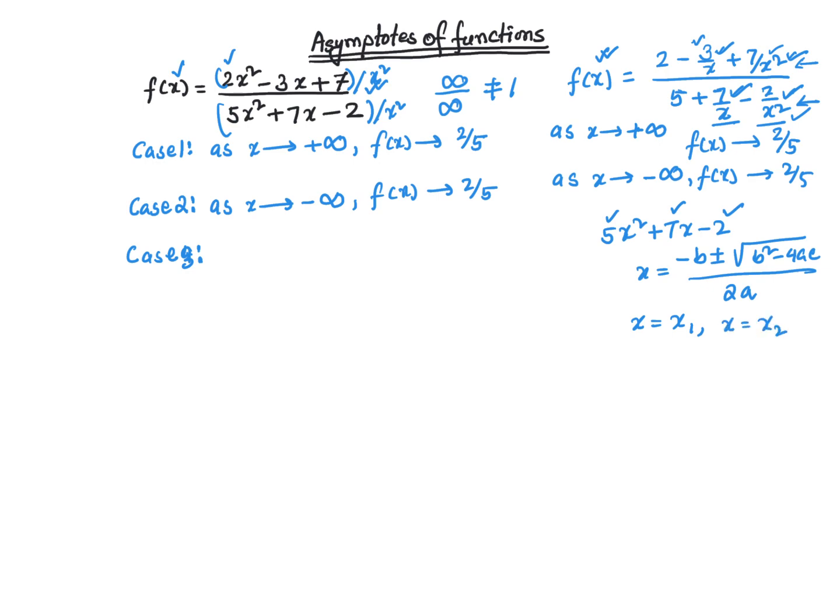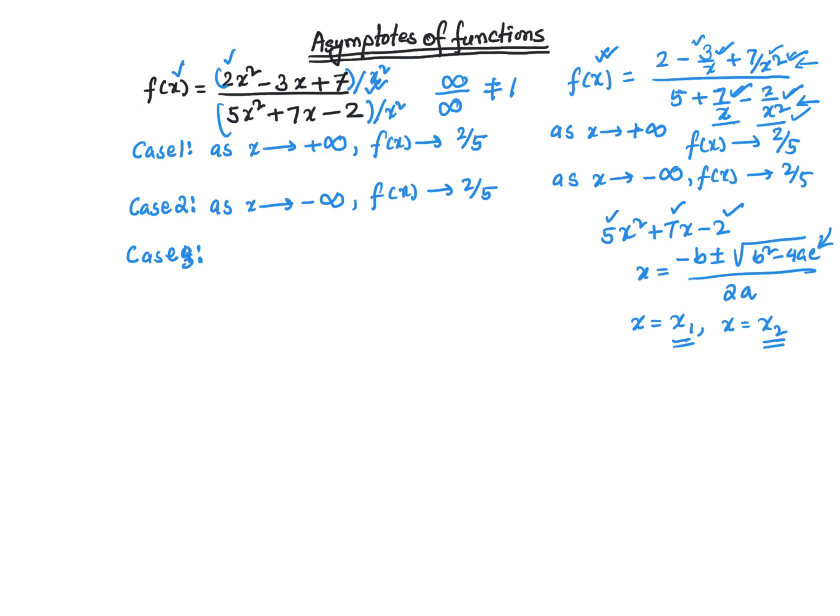Now I have to be a little bit careful here. For the discriminant, b square minus 4ac, b square is 49, and 4 times a times c is going to be 40 in magnitude. So you're okay, it's going to have two roots. I was thinking whether it had complex roots. No, it has two real roots. So let's say x1 is the one real root and x2 is the other real root.